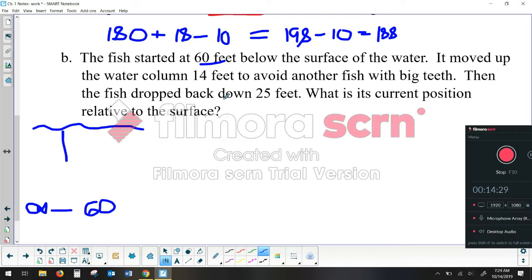That's what this is, 60 feet below the surface of our water. Another fish was coming, so he went up 14 feet. Then, after that fish left, he went and dropped down another 25 feet.